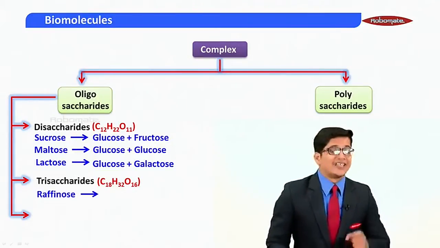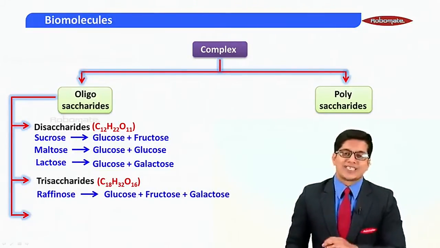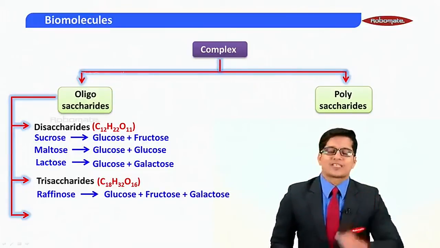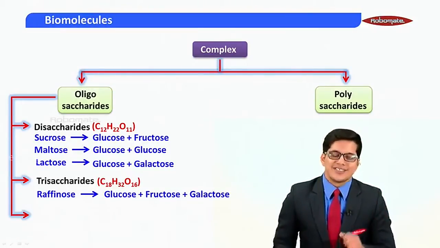Example for this is raffinose, which comprises glucose, fructose and galactose.